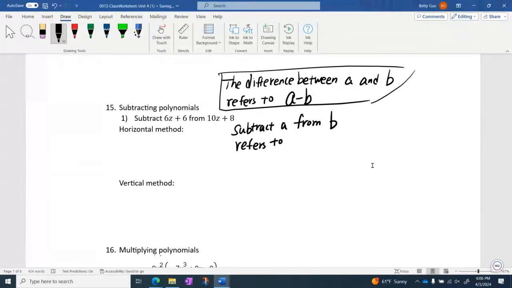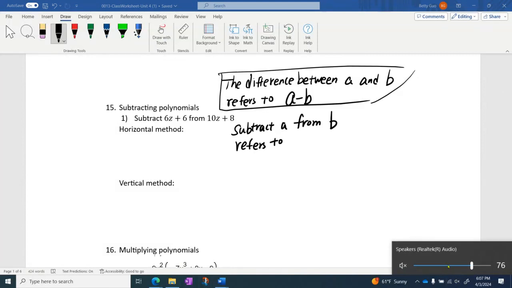Now we are considering subtracting quantity A from quantity B. My question here is, when we say subtract A from B, do we mean A minus B or B minus A?